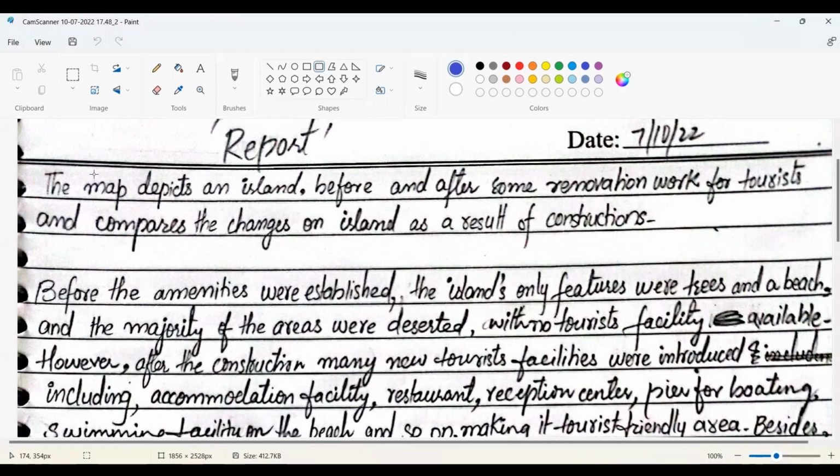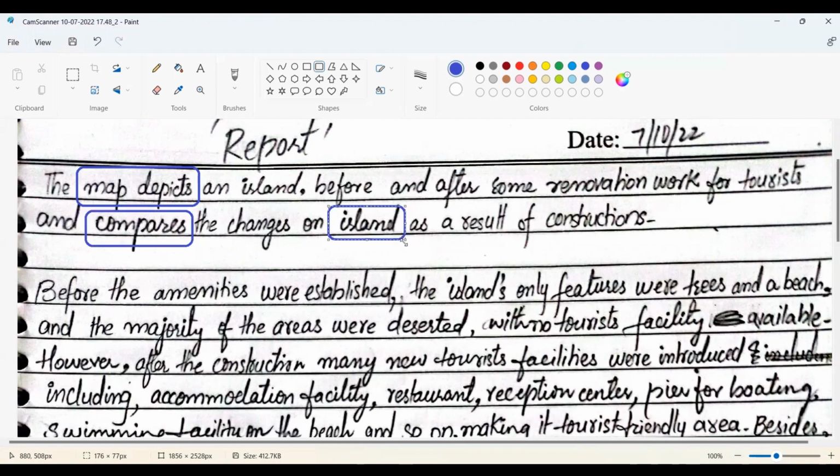So then what will we say here? The maps depict an island before and after some renovation work for tourists and compare the changes on.